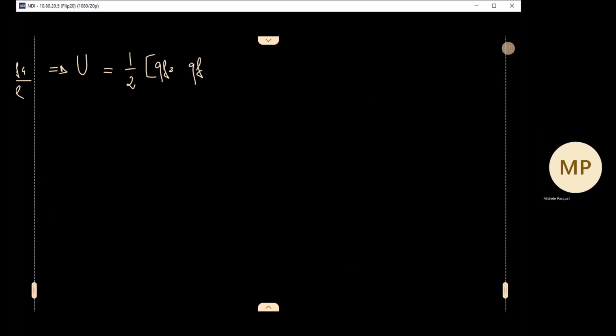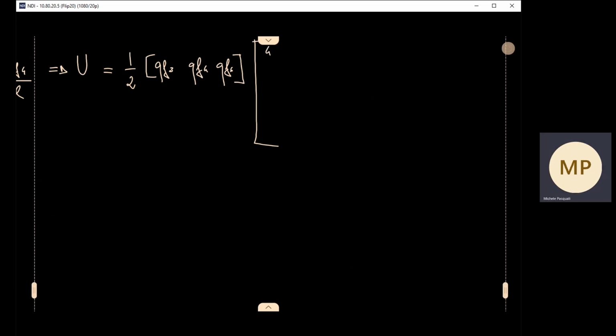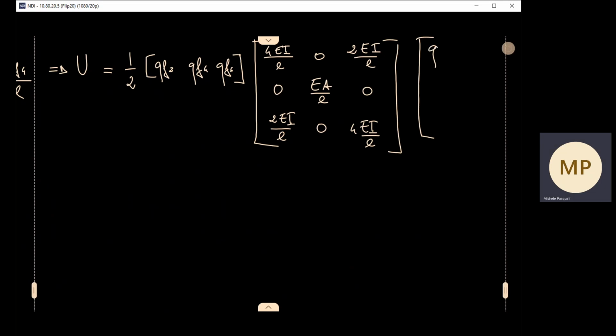QF3, QF4, and QF6 multiplying 4EI divided by L, 0, 2 times EI divided by L, 0, EA divided by L, 0, 2 times EI divided by L, 0, 4EI divided by L, multiplying, again, QF3, QF4, and QF6.